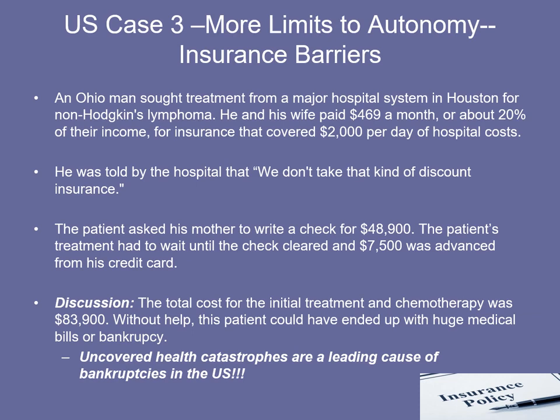As it turns out, he and his wife actually had a less expensive policy for health insurance that did not provide very good coverage. He was told by the hospital system from which he was seeking treatment that they didn't take that kind of discount insurance. Consequently, the patient had to ask his mother to help underwrite the costs.